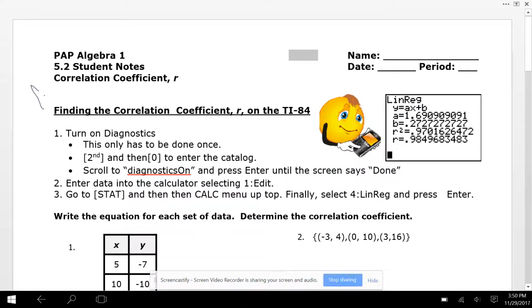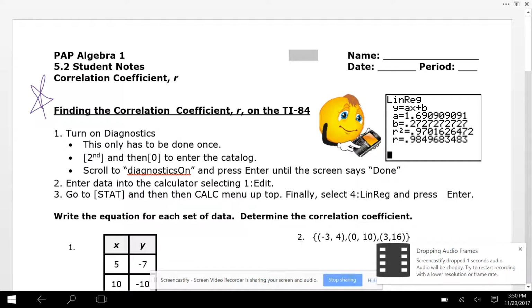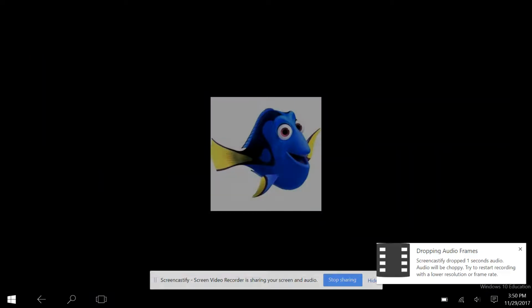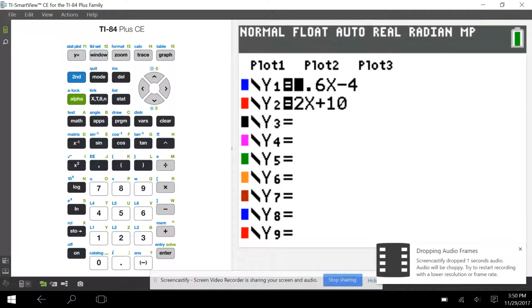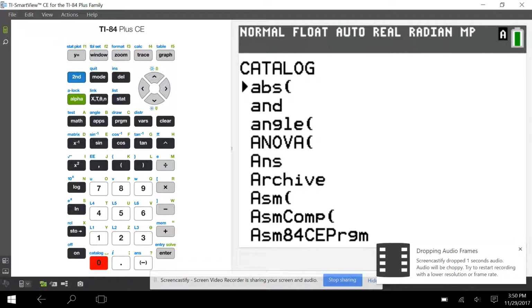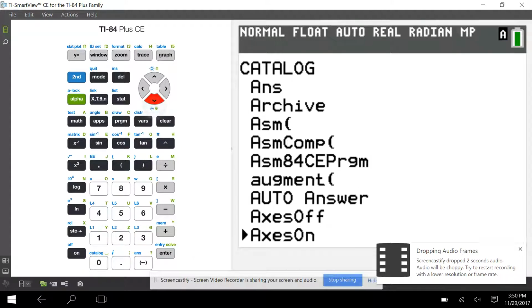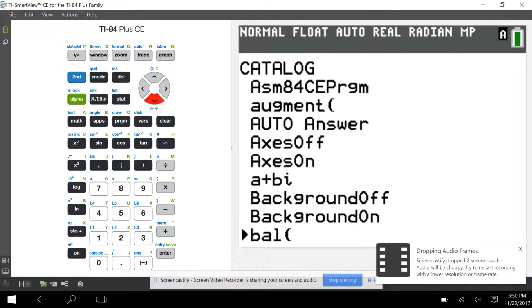Okay, we're going to do this correlation coefficient. So I'm going to go to my calculator. I'm going to do second and 0, which is catalog. Okay, and I'm going to get my catalog like this. I'm going to go down to diagnostics, and I'm going to turn it on.